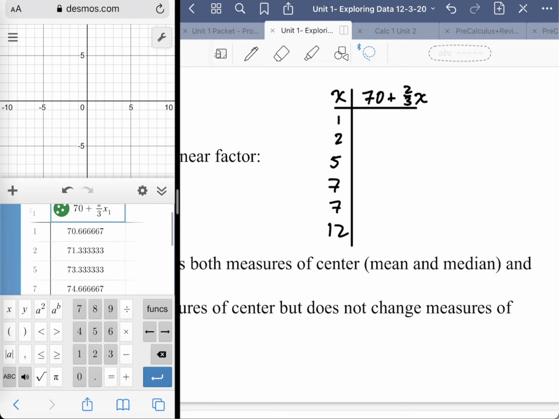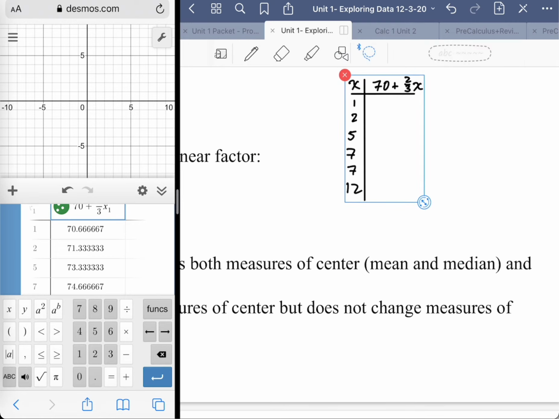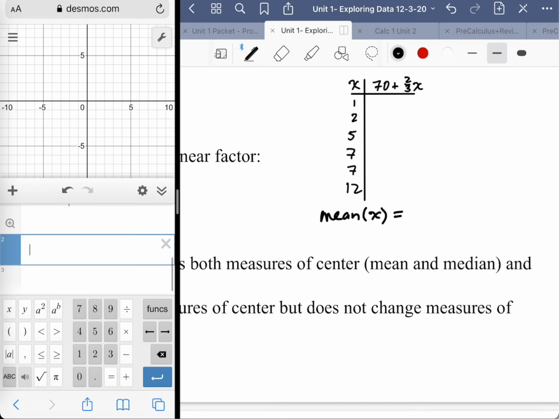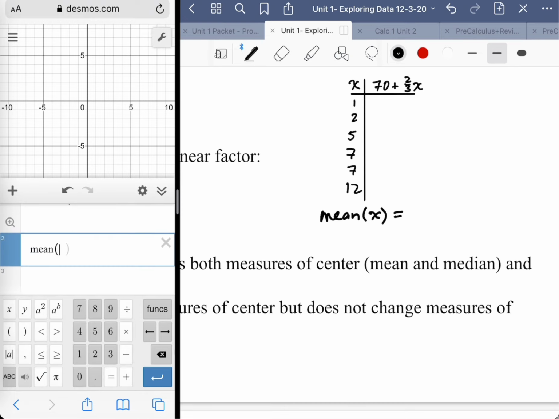So what I want to do here is find the mean of the original set of data. I'll find the mean of my x values. I can do that again in Desmos by just using the mean function. So function, stat, mean, or you could just type in the word mean.